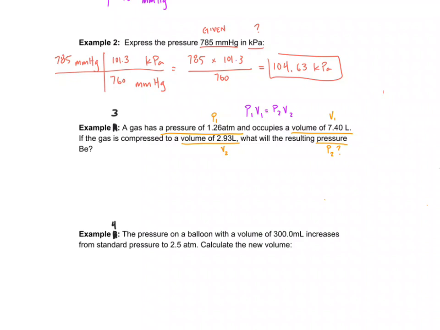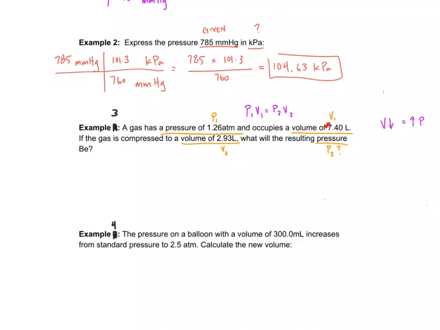Okay, so let's take a look at this. If my pressure is 1.26, my volume is 7.4. I don't know the new pressure, but I do know the new volume. So your volume is going from 7.4 to 2.93. In other words, your volume is decreasing. So if volume and pressure have an inverse relationship, then if your volume is decreasing, your pressure has to be increasing.